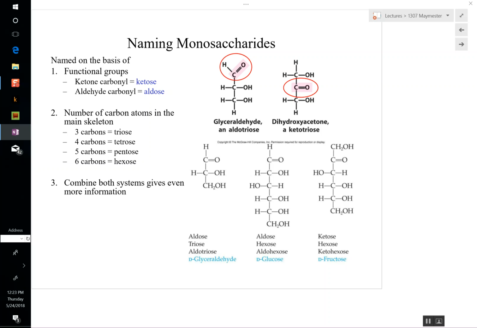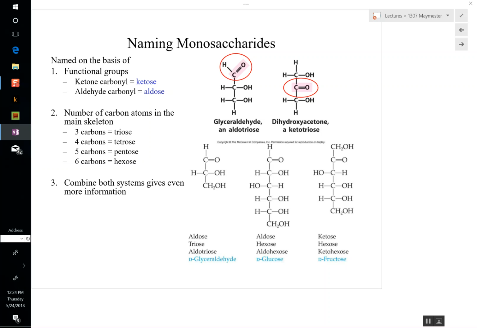All of these terms right here, these terms out here in purple or black or whatever color that is, are basically just categorizing the saccharide, not naming it. Saying what category is it in? Like you are an NVC student, all right? That's one category you're in. But that's not your name.